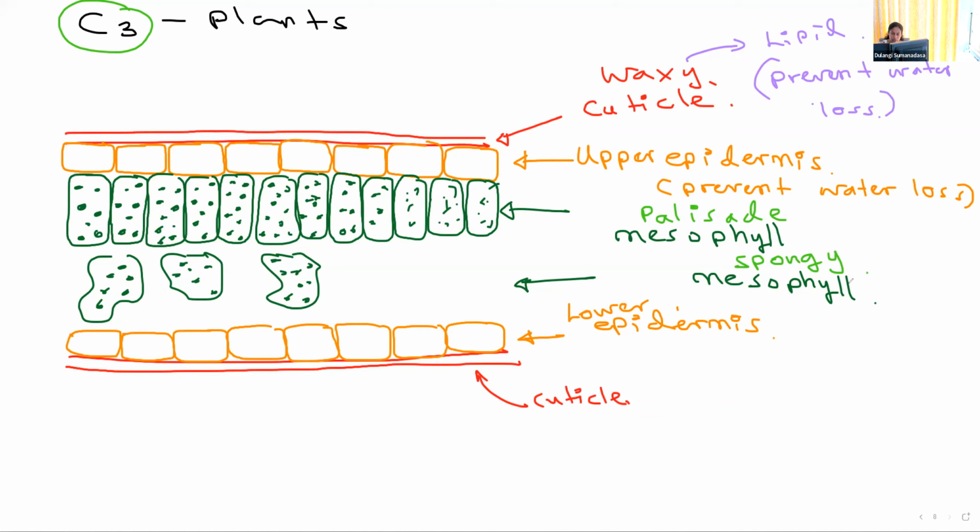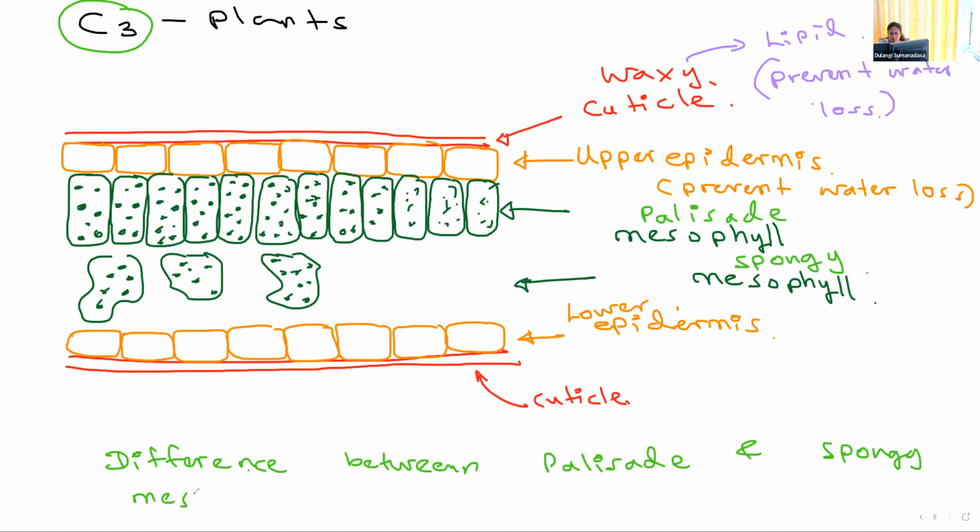Can you write down the difference between the palisade and the spongy mesophyll? What can you see? So the palisade cells are tightly packed, right?